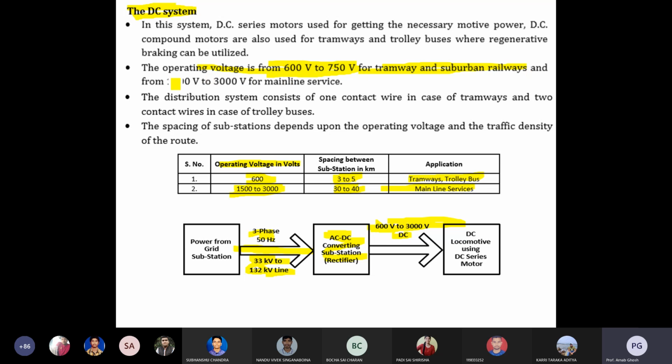For mainline service it is 1500 volt to 3000 volt. Okay, so the distribution system consists of one contact wire in case of tramway, or two contact wires in case of trolley bus. Okay, and the spacing between two substations depends upon the operating voltage and traffic density of the routes. Okay, it depends.